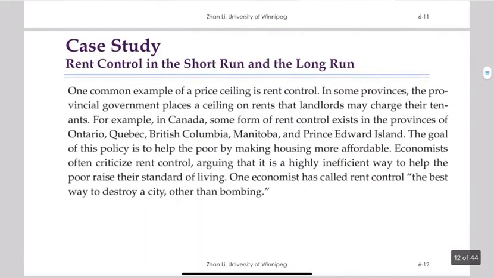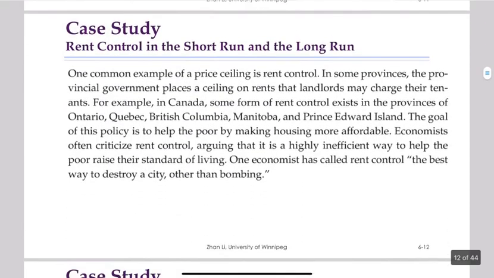Oh, we have another example. Now let's talk about rent control, right? Basically, if you look at policies in Canada, some forms of rent control exist in a lot of provinces, right?